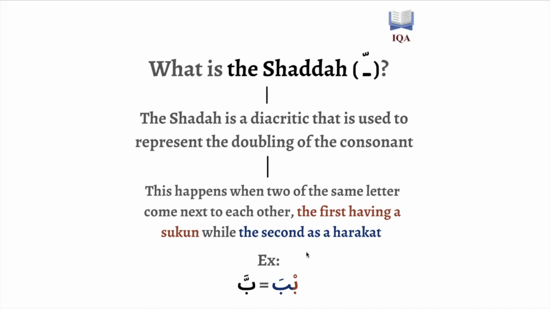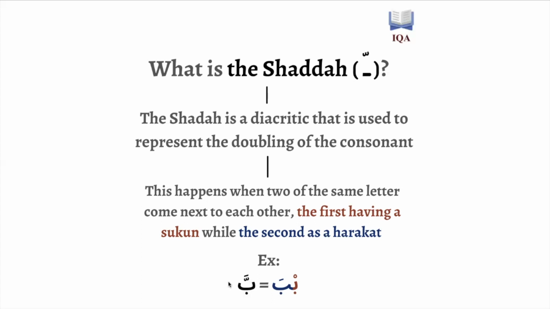So what's going to happen is these two letters, instead of being written separately, they're going to be written as one letter. So the ba, or the two bas, are going to be written as if they were one letter, but to indicate that there are actually two bas there, the first one having a sukoon and the second one having a haraka, you're going to put the shadda mark. So this W mark is there to indicate that this equals this.